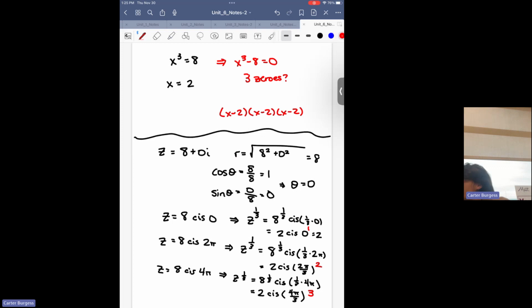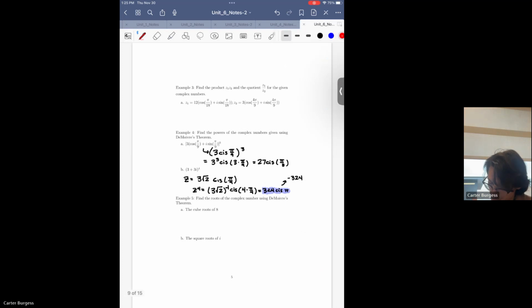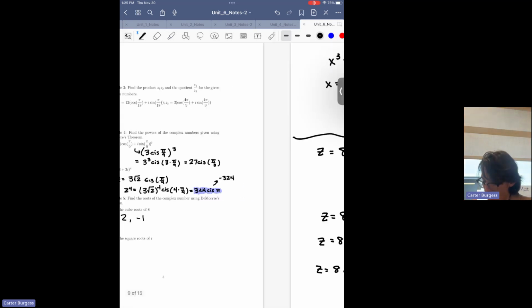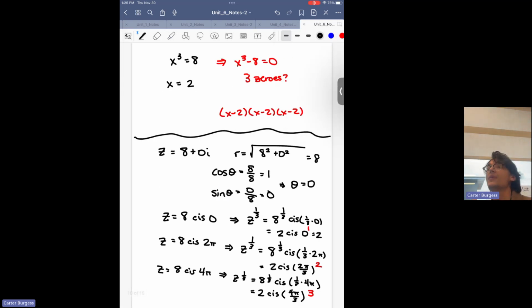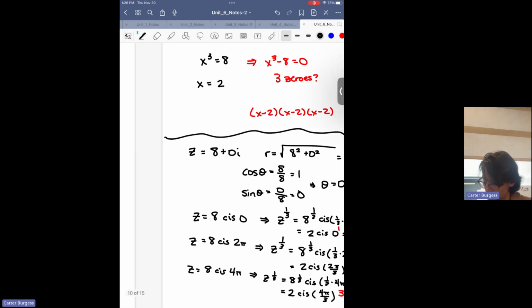We could write these in rectangular. It's not too bad. Cosine of 2 pi over 3 is going to be -1/2. 2 times -1/2 is -1. And then sine of 2 pi over 3 is √3 over 2. Times 2 would be √3.